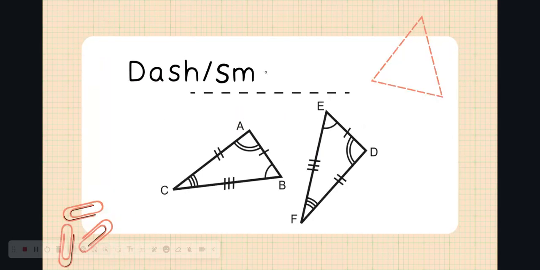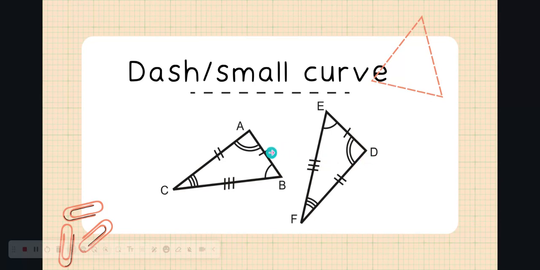Signs. Throughout my examples, we're going to be seeing the dashes and small curves on triangles. The dashes represent that segments are congruent to corresponding segments, meaning that AB is congruent to ED.